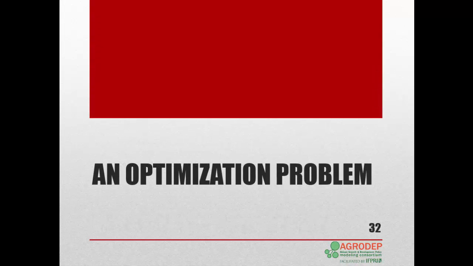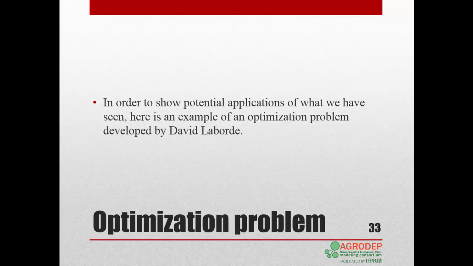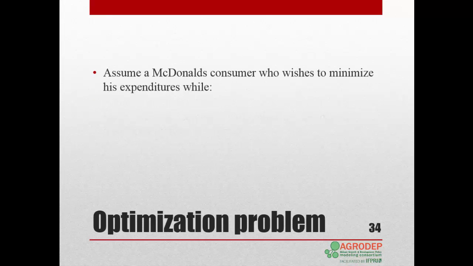Next, we present an optimization problem. To illustrate potential applications of what we have covered so far, we present an example of an optimization problem developed by David Laborde. In this problem, we assume that a consumer at McDonald's wishes to minimize his expenditures subject to the following.